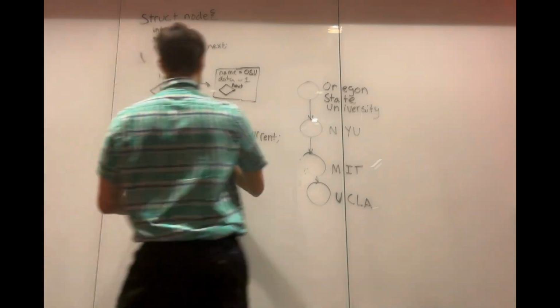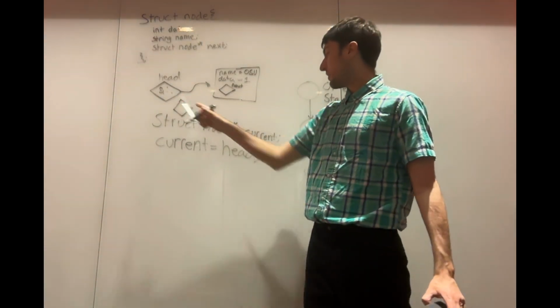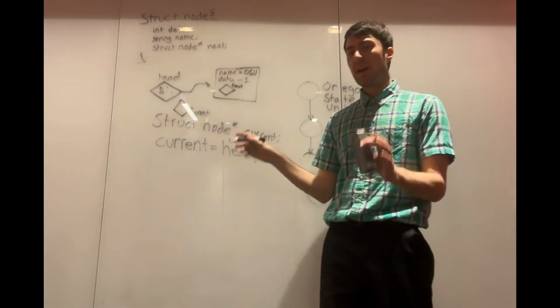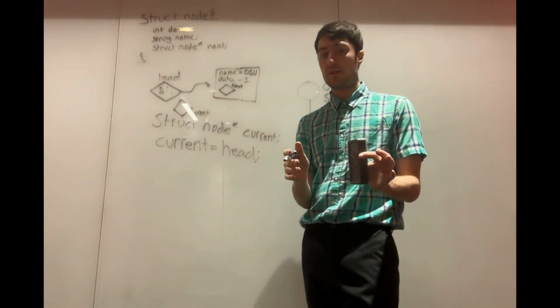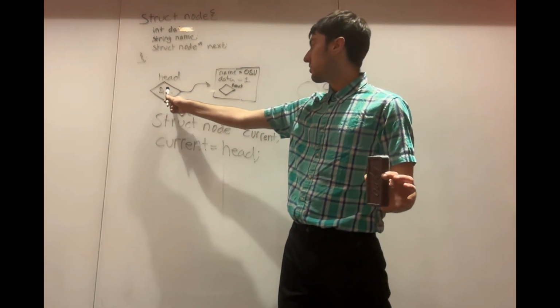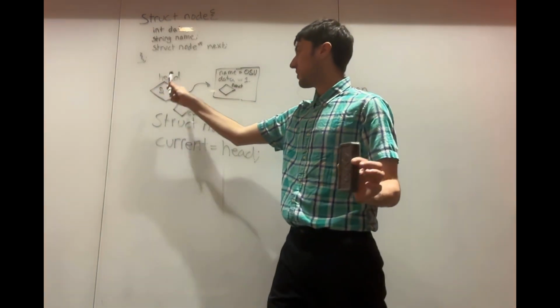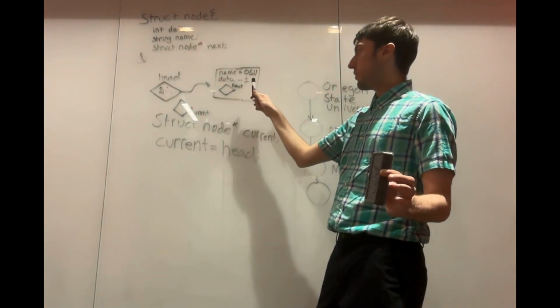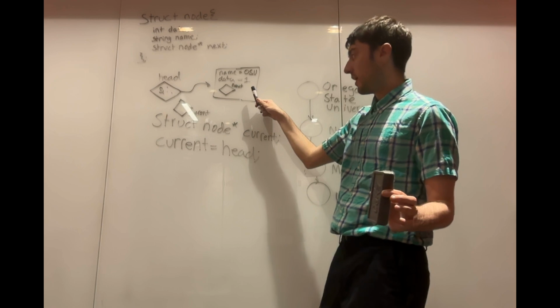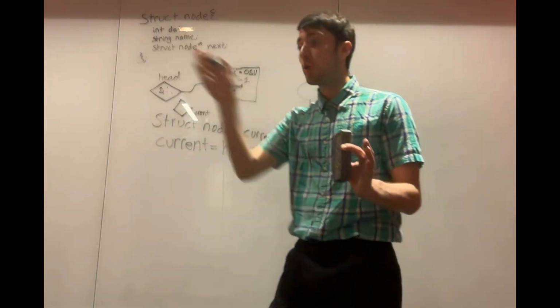Okay, so what is current equals head? Here's current, and head is a pointer, and it stores a memory address, the address of the first element. If we use the dereference operator, that means go to it.